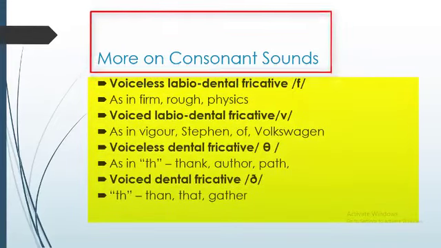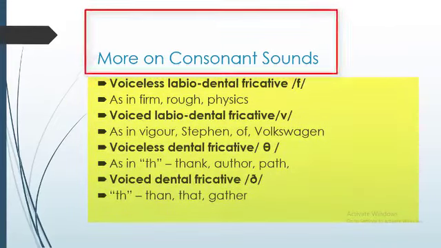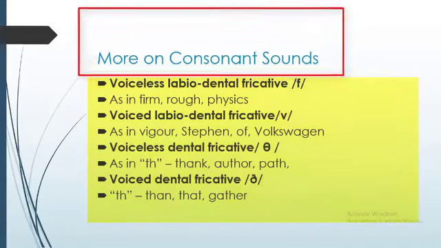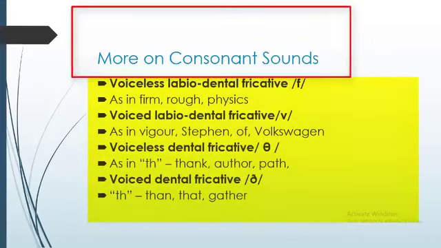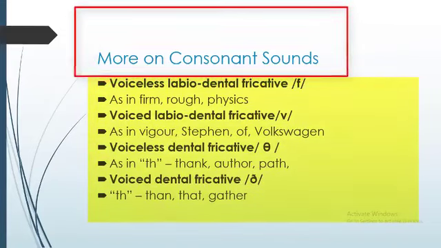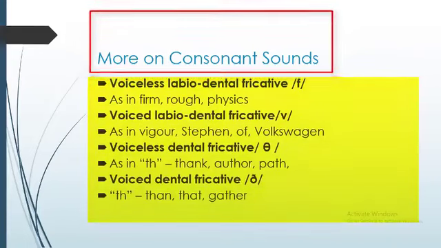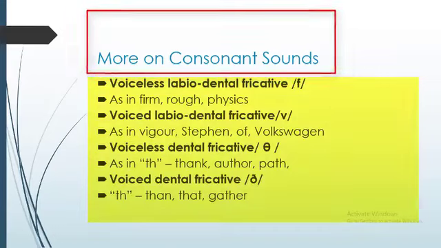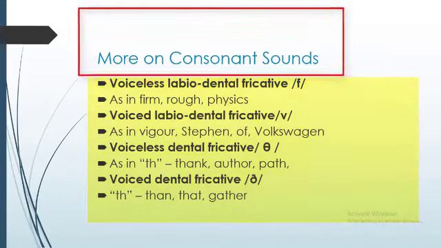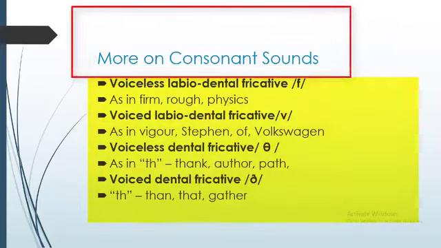Then we have F. It's a labiodental fricative, so it brings the upper teeth and the lower lip together and there's a release of air. That's why it's fricative. Firm, rough, physics. While V is a voiced labiodental fricative consonant sound.